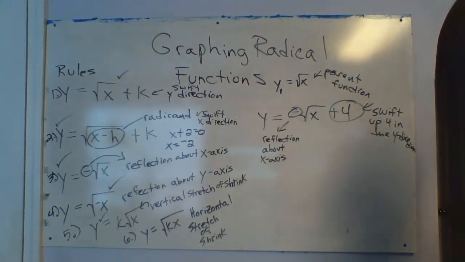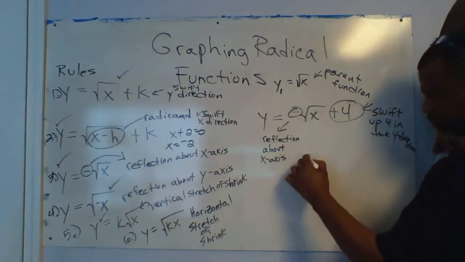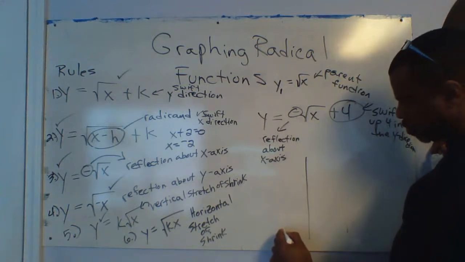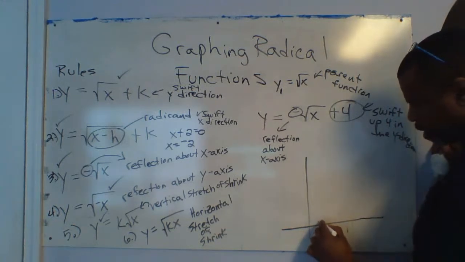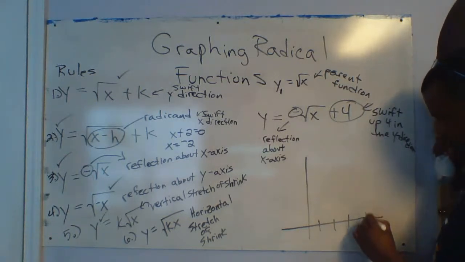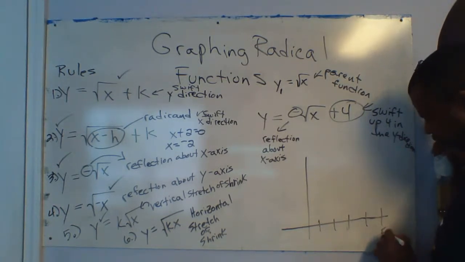All right. So what we're going to do now is come here and go here. We've got 1, 2, 3, 4, 5.